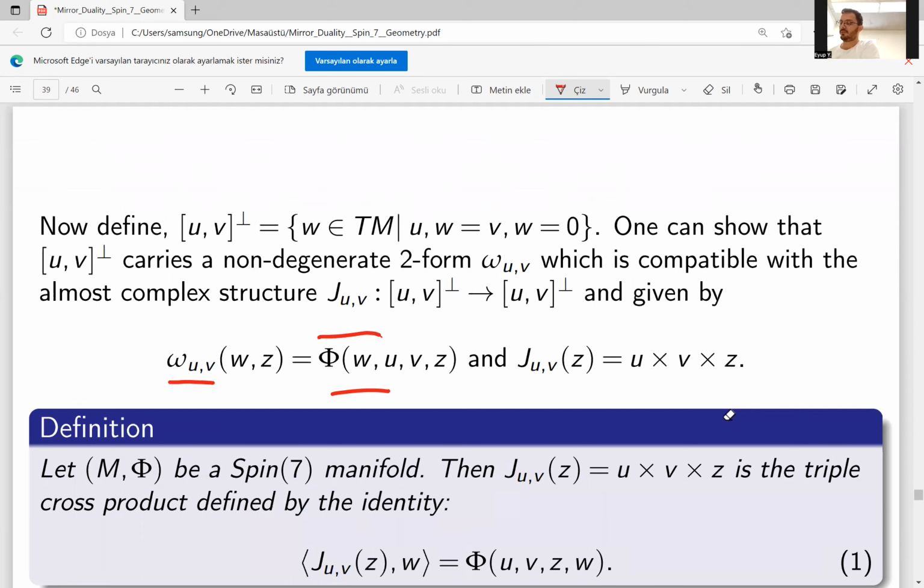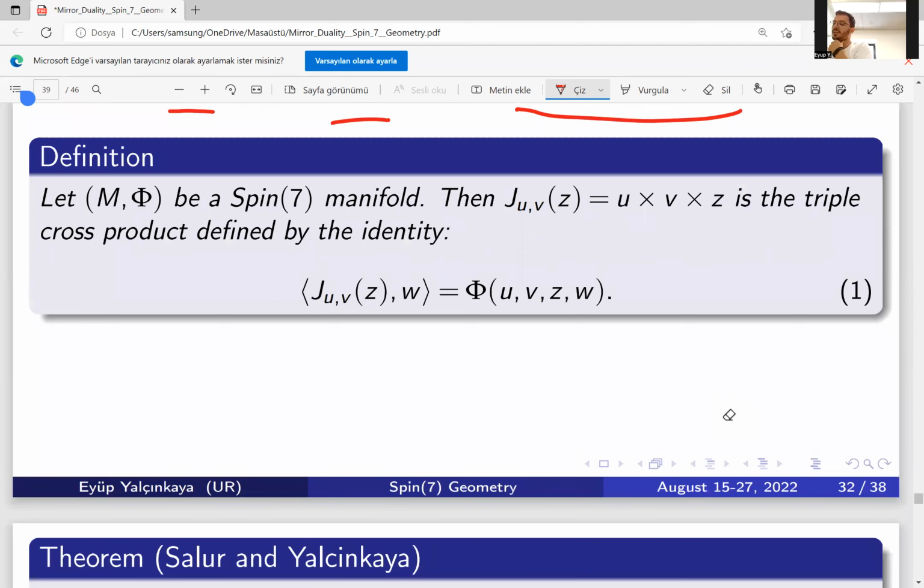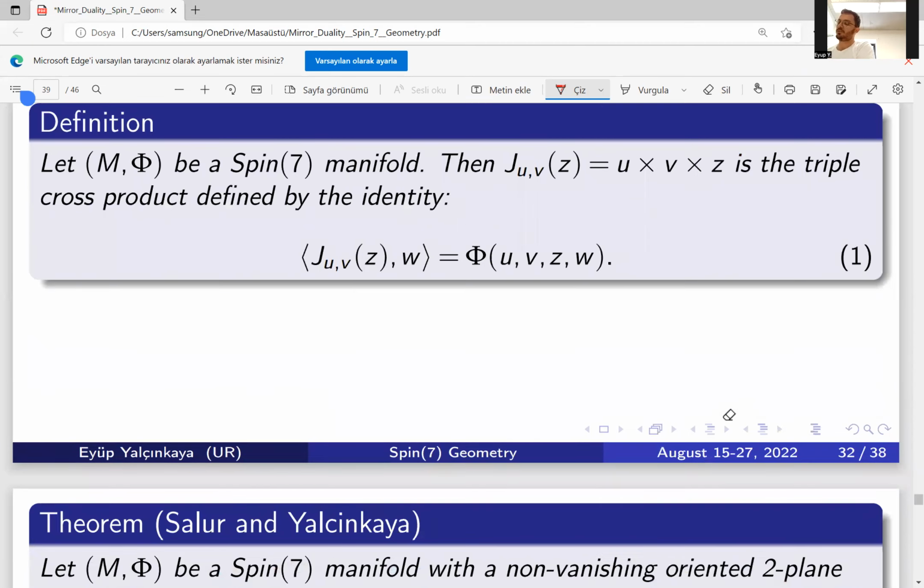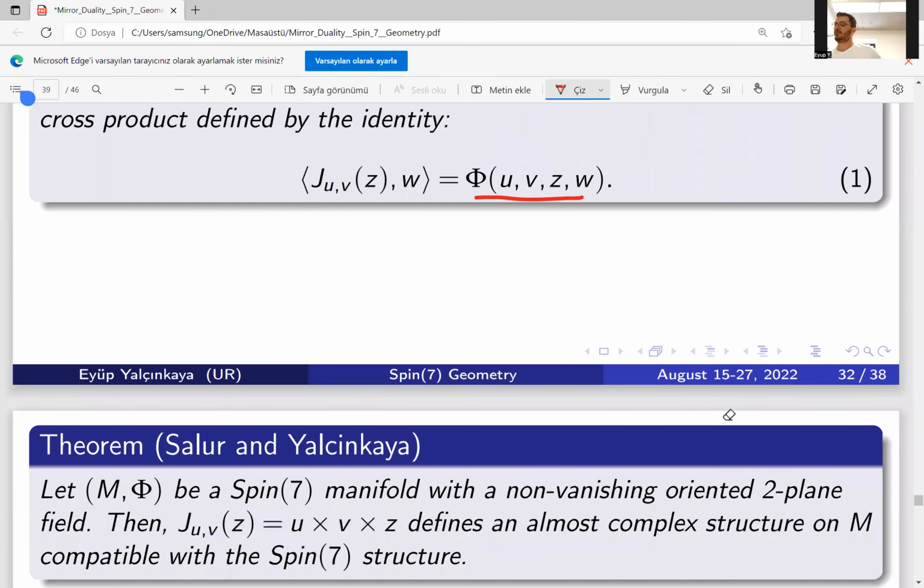Now the Cayley form gives us the Spin(7) geometry, and this J_UV defined with the triple product in Spin(7) also gives us the almost complex structure. And here, if you apply this almost complex structure to Z, you will find a new vector, and taking the inner product of this element with V, you directly get the Cayley 4-form.